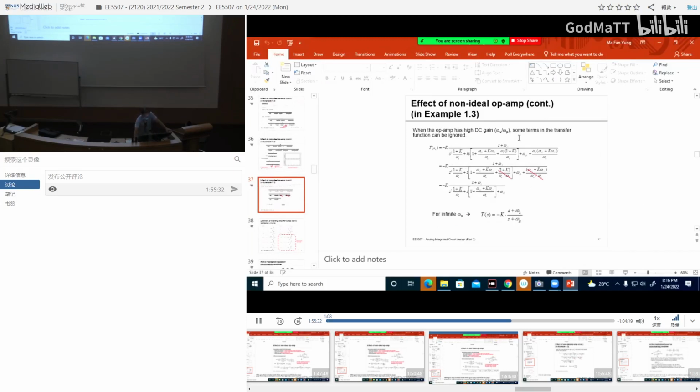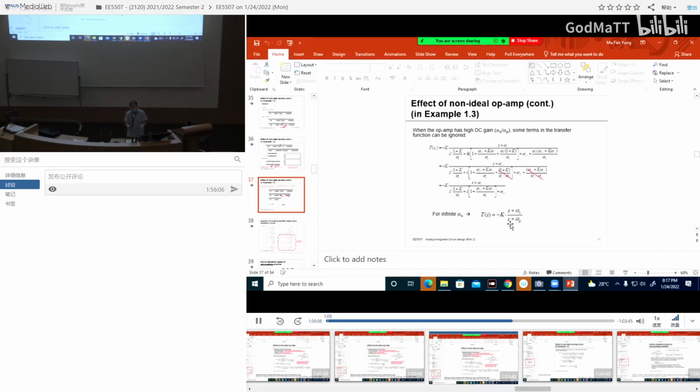Okay, so this basically says that if your op-amp gain is very high, you can simplify it slightly. And then if you assume that your op-amp not only got very high gain, but got very, very high bandwidth, you get back to the ideal op-amp equation, which is what you expect, right?